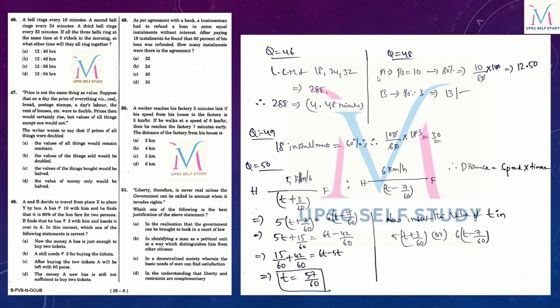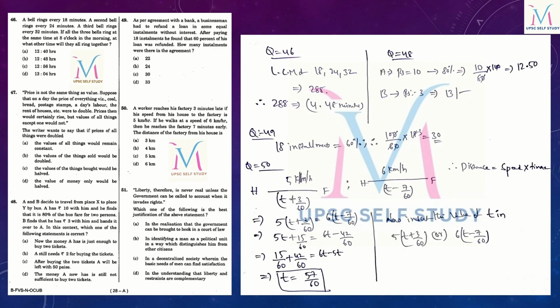So regarding question number 51, the answer is A, because this statement is talking about the government and judicial review.